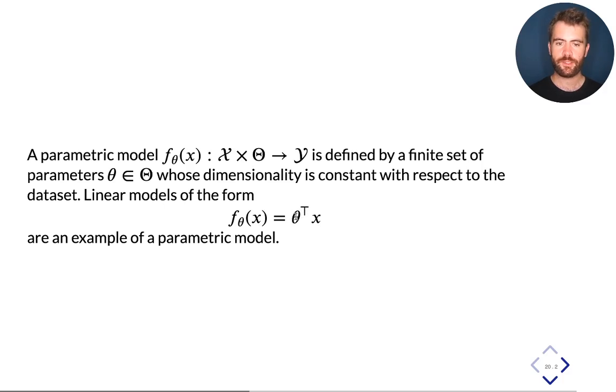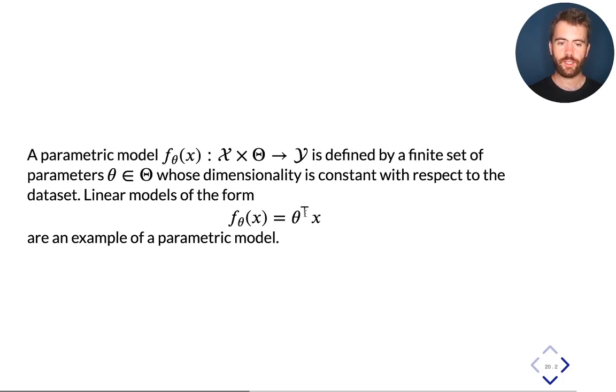So if theta has dimension d, then we have essentially d degrees of freedom along which we can explore the set of possible models, right? So if theta is a d-dimensional vector, then we have d distinct numbers, which are these degrees of freedom that we can play with, and for each instantiation of these d numbers, we have a member of our model family class.